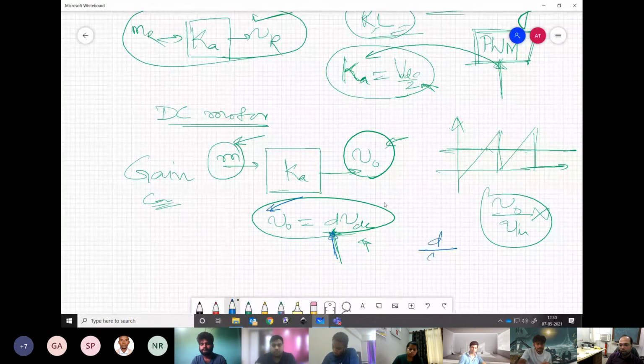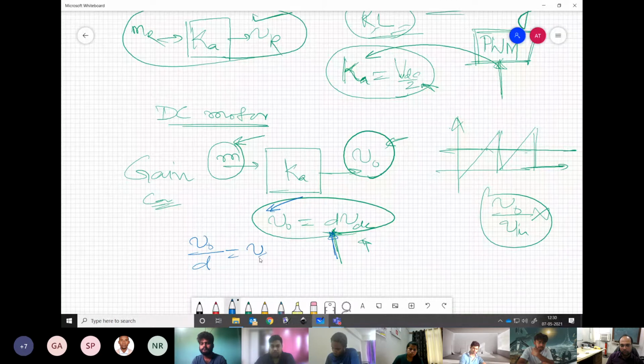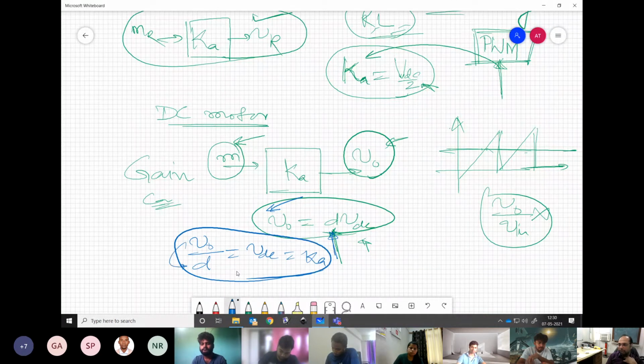So you express it like output upon the control signal. This is your gain. It is output by the control signal, or output by the input to this control block. It is not what is on the input side or the output side of the converter. We are talking from the control system point of view, so we have the control parameter as input. Is that clear?